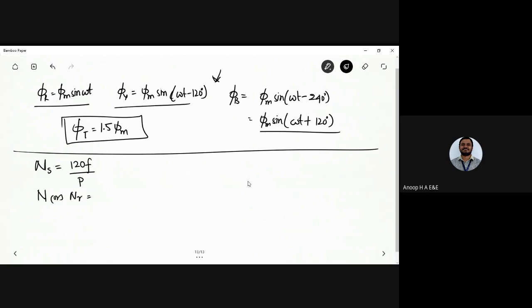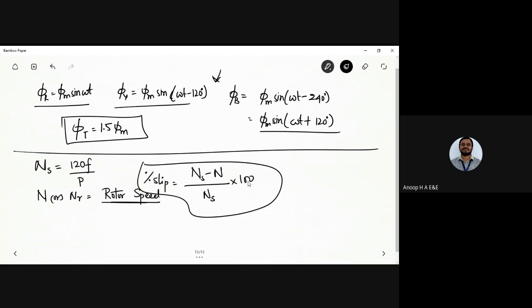So what is nr? Rotor speed. So ns minus n divided by the reference you take. The reference you take here is the synchronous speed, into 100. That will be the percentage of the slip.